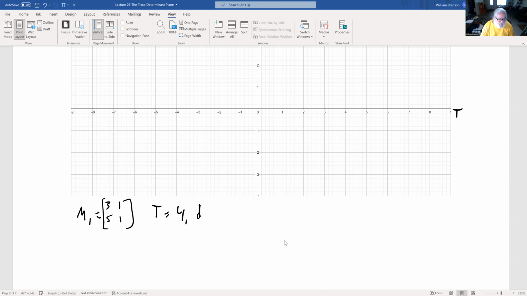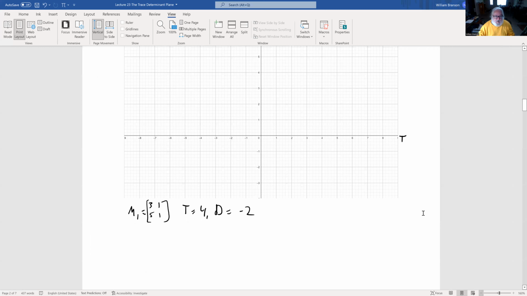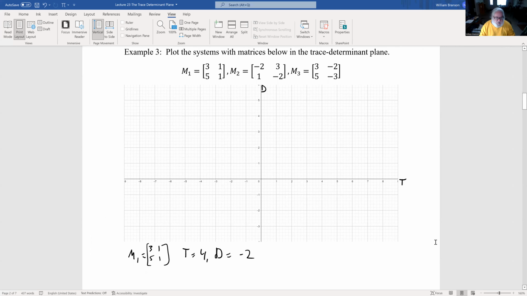Its determinant D is 3 minus 5, so minus 2. And we'll zoom out a little bit so I can see my matrices better. Good. So M1 can be plotted as the point (4, -2). So that point in the trace determinant plane represents the matrix M1.